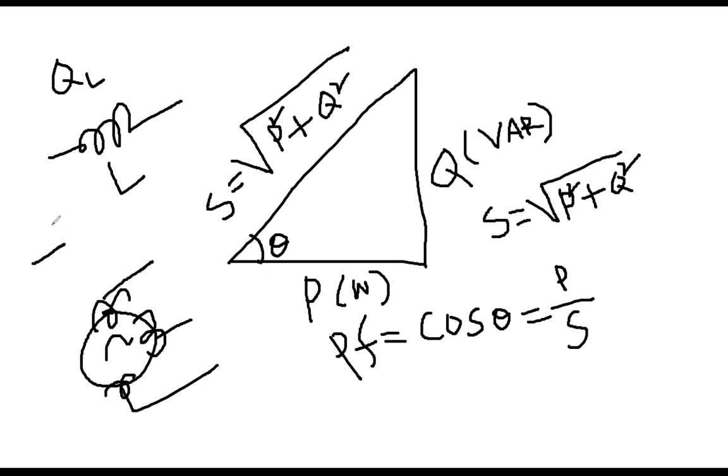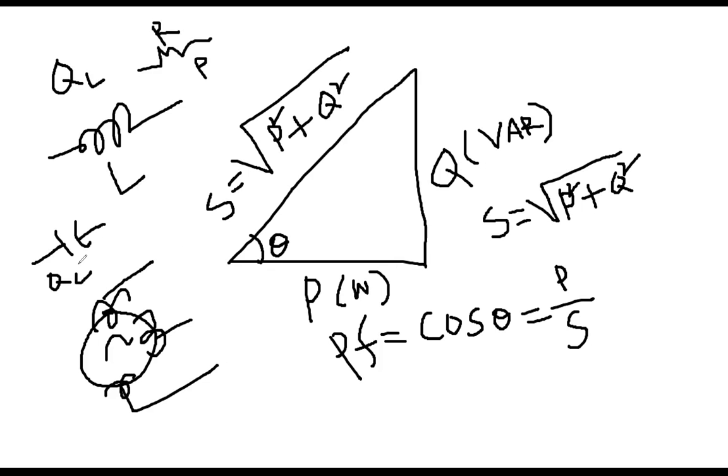Like when it is a capacitor, it will cause capacitive reactive power, QC. When it is a resistance, then you will get the real power, which is P, like P equal to I squared R. That is this watt. But you see this L, this is this Q.